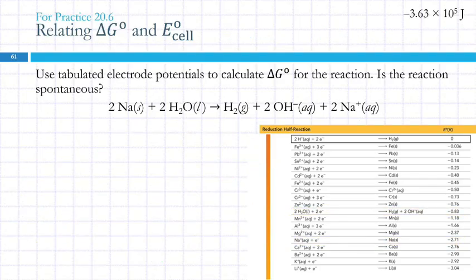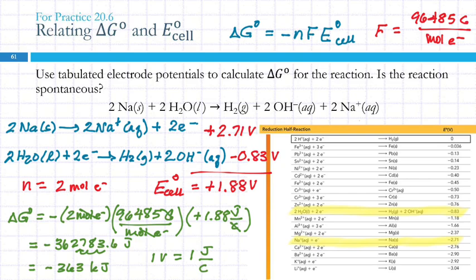Look here, the book actually gives the answer in joules. So this would be down here 3.63 times 10 to the 5th joules. The answers are the same.